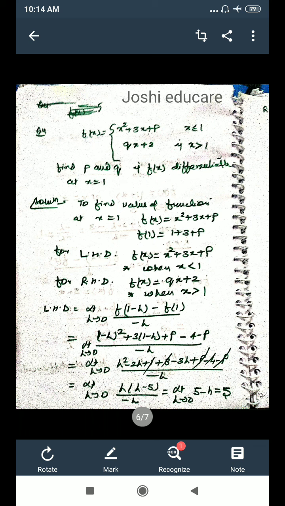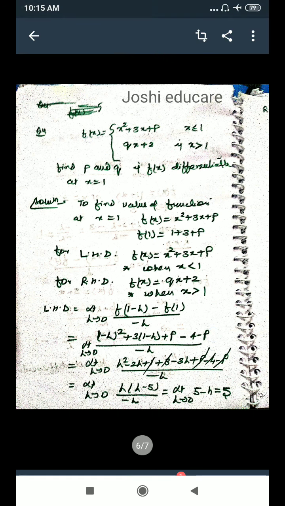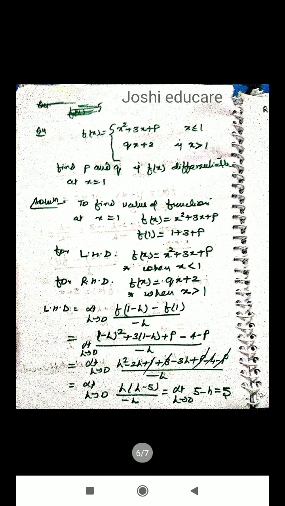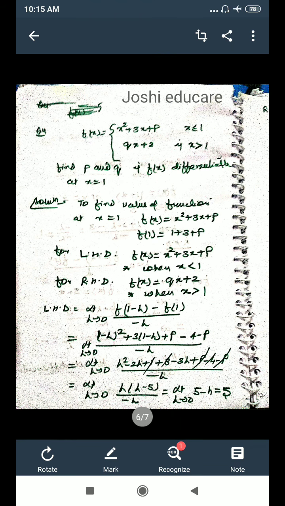Then you will calculate value of f(1). It will be equal to 1 plus 3 means 4 plus p. So minus 4 minus p divided by minus h. You just simplify it and cancel out the terms which are cancelled easily. And finally you have it is 5 minus h only. In that you put h tends to 0, so it is equal to 5, left hand derivative.